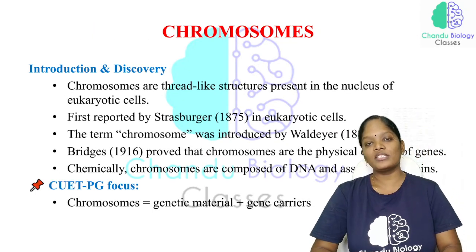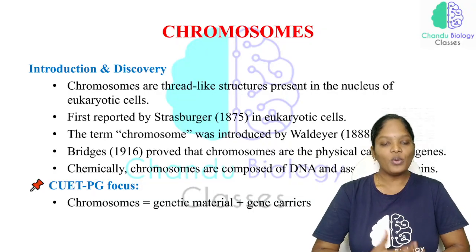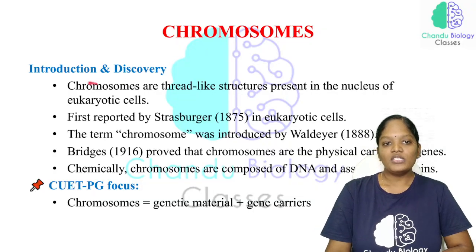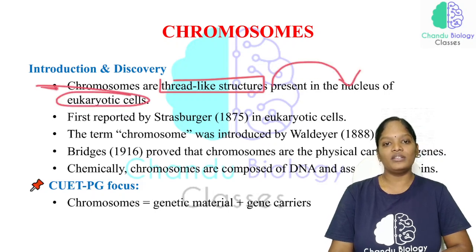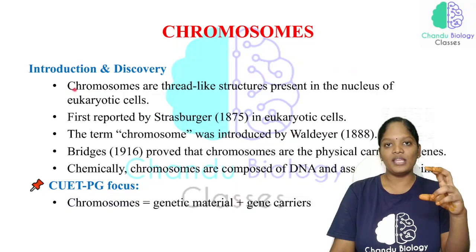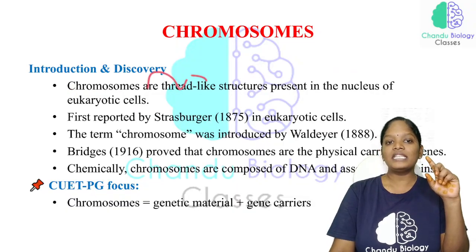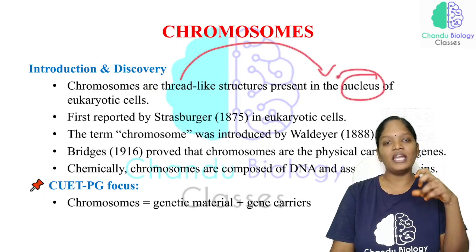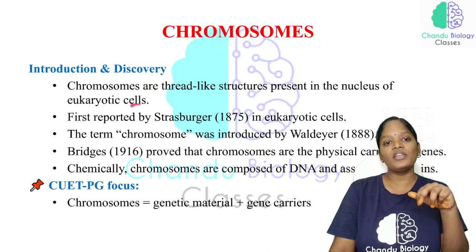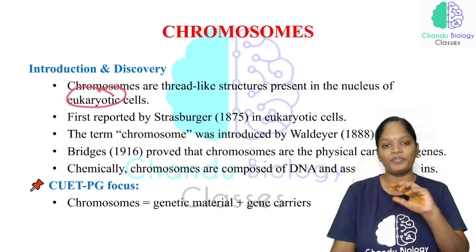Now we have to discuss the chromosomes. Who discovered the chromosome? Chromosomes are thread-like structures present inside the nucleus in eukaryotic cells. All these are important statements. It is present inside the nucleus, in eukaryotic cells, not prokaryotes.